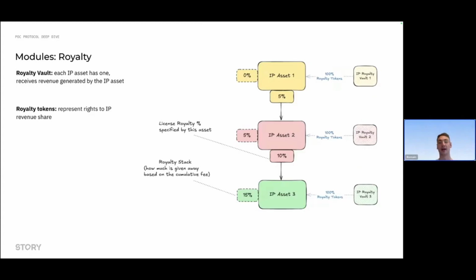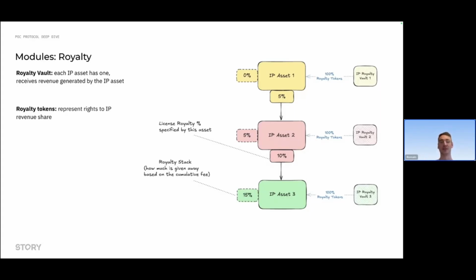Now we need to look at how the payment is handled and who receives this payment. Each IP has a royalty vault, and this vault is a separate smart contract. It's an ERC20 contract that receives the revenue generated by the IP asset. The ERC20 contract of the vault always has 100 royalty tokens, and those royalty tokens represent a share of the revenue generated by the IP that you can claim.